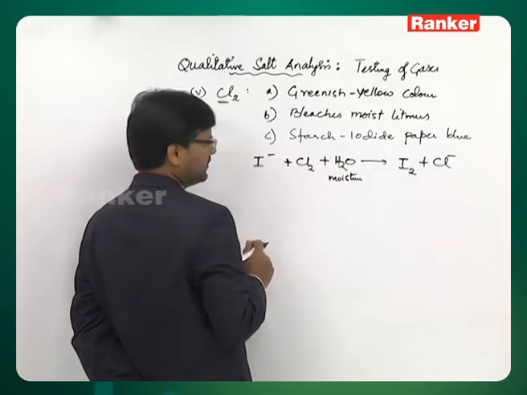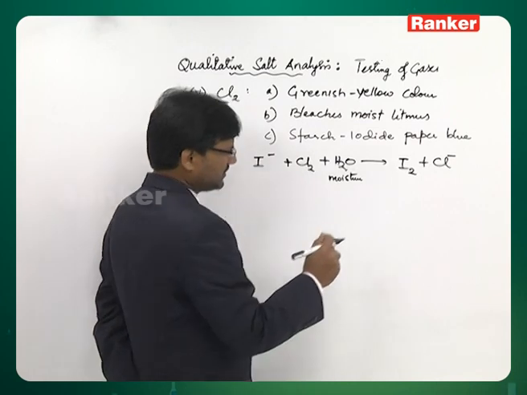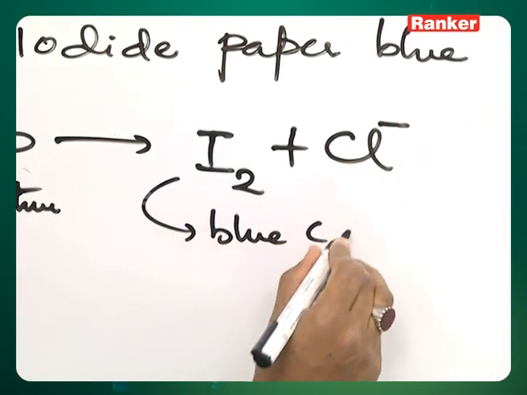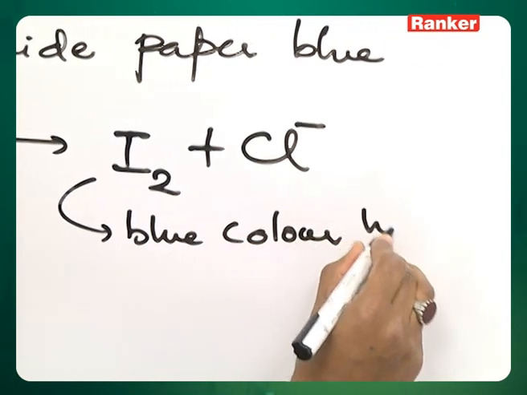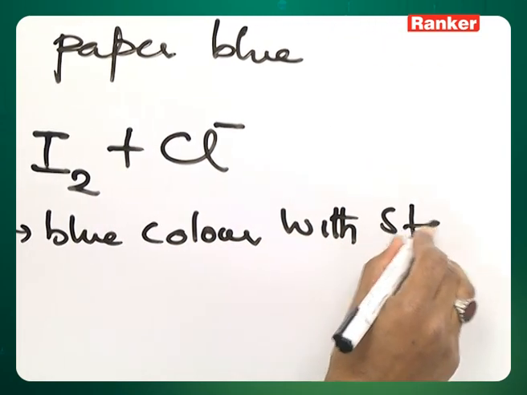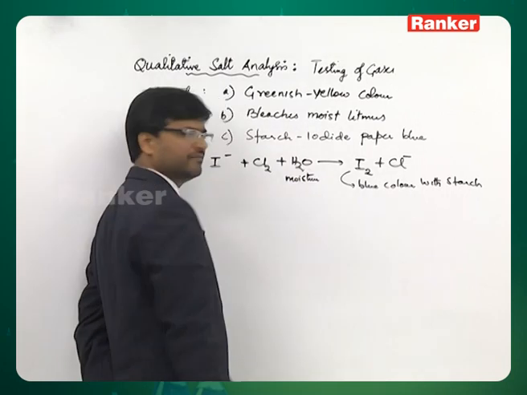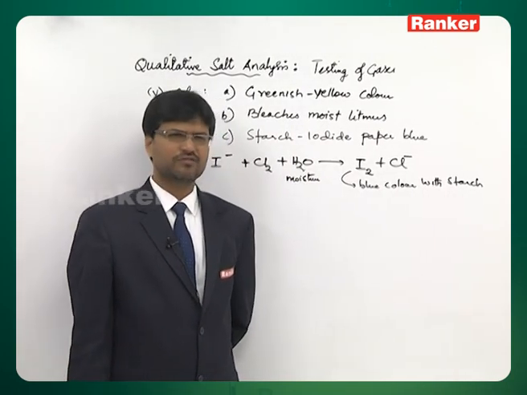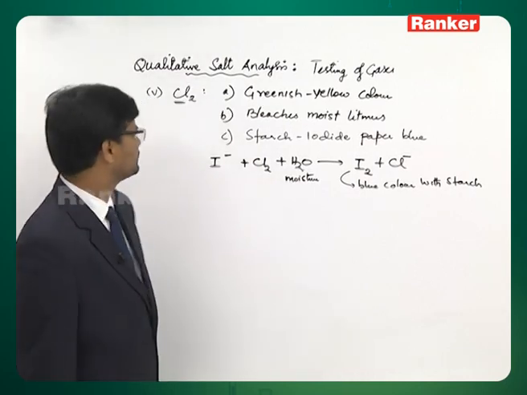Right. Now, this will give blue color complex with starch. Iodine forms a blue colored complex, bright blue colored complex with amylose component of starch.